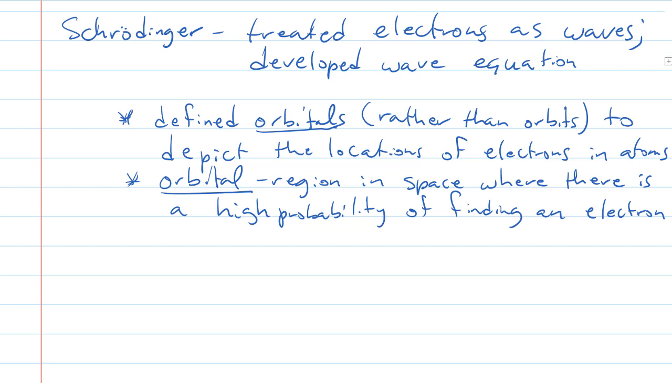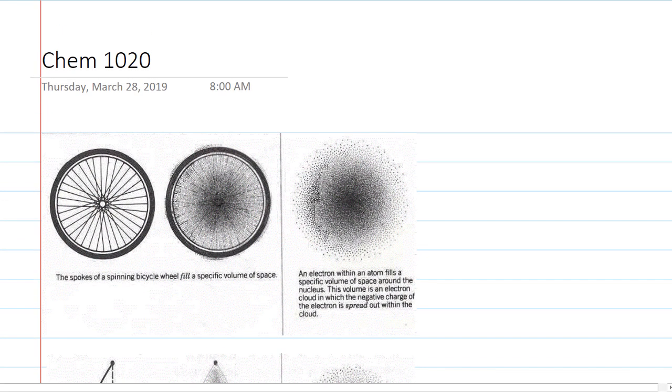Now, here's some analogies that can be used. First of all, this here represents a bicycle wheel with spokes on it. And if we took that bicycle wheel and started spinning it around really fast, those spokes would wind up filling up a volume.